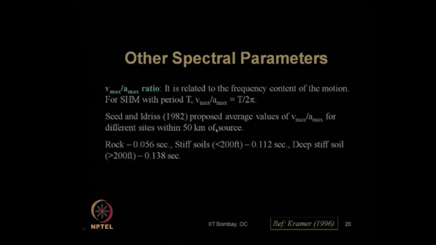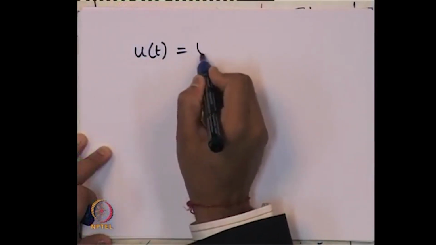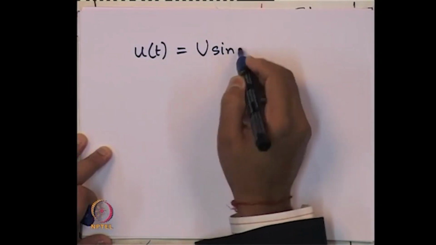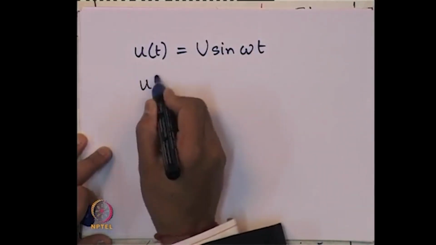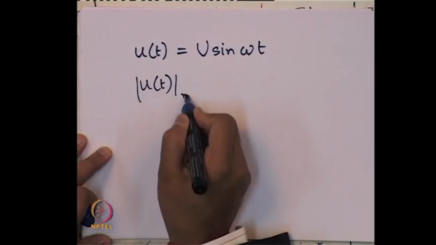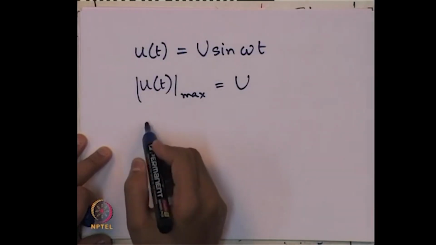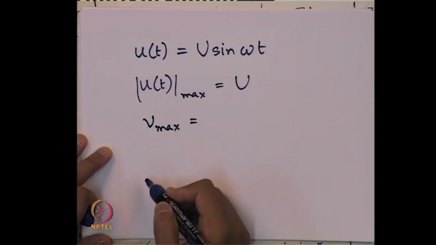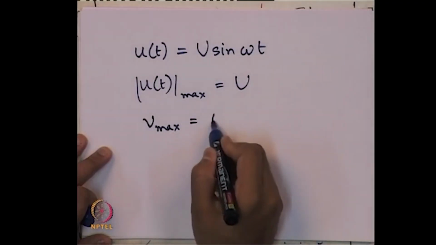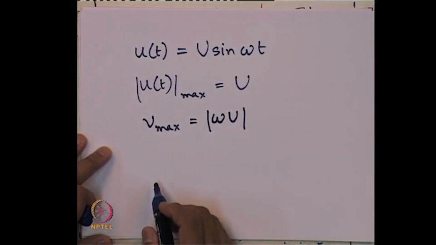Suppose my u of t has some expression, say u sine of omega times t, then the u maximum of that is nothing but u. Then what is the Vmax? Vmax is nothing but omega times the modulus of u.